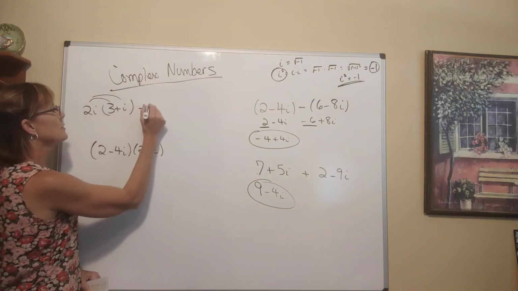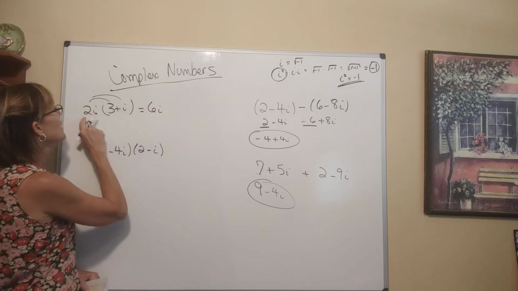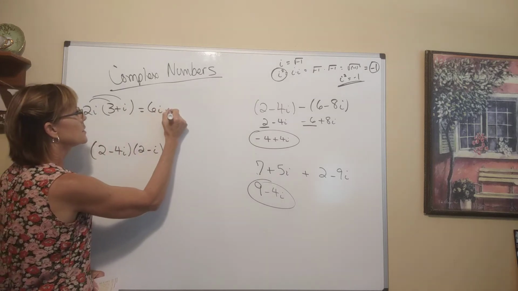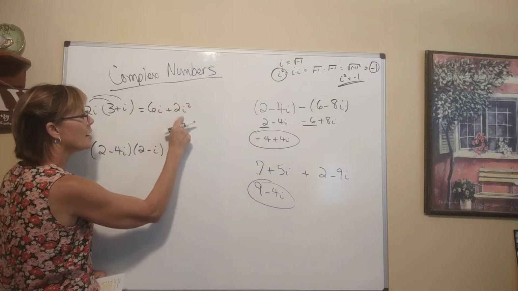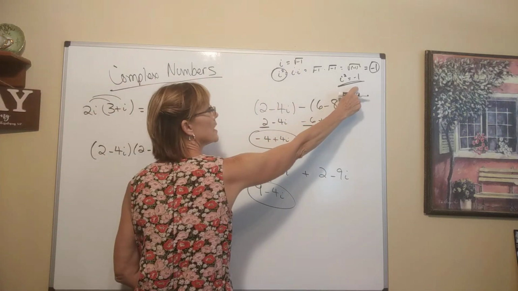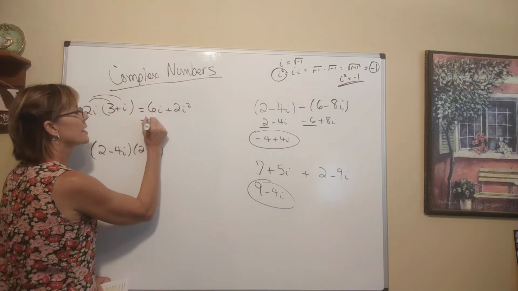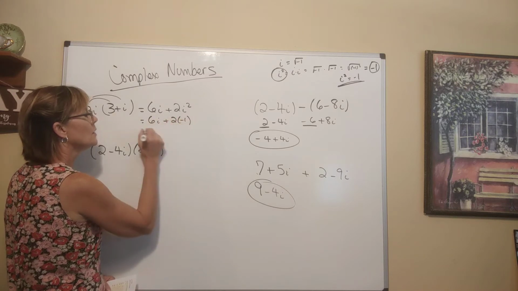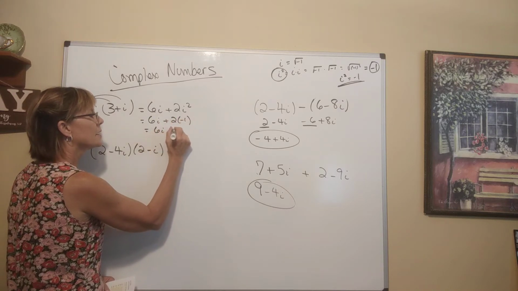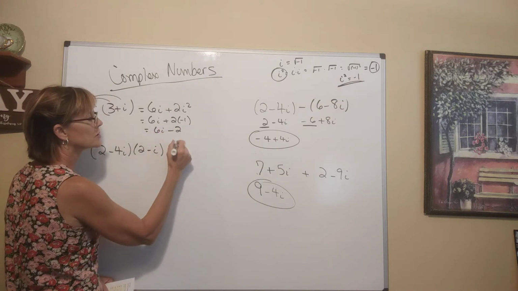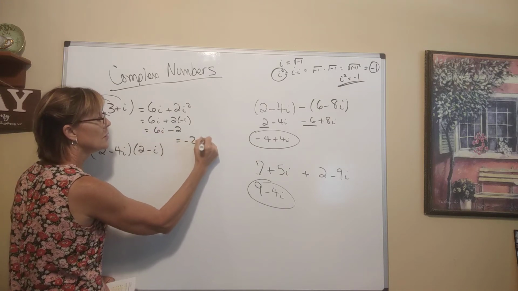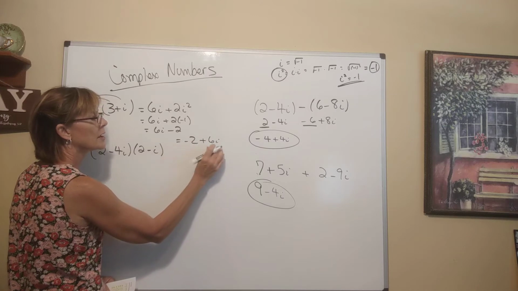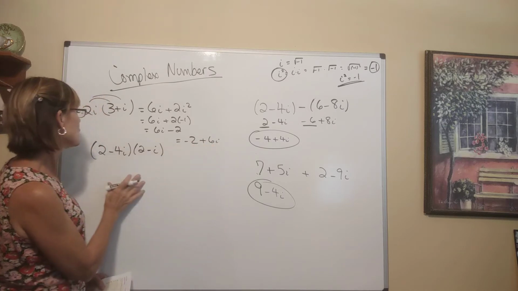So 3 times 2i is 6i. And 2i times i is plus 2i squared. However, i squared is really negative 1, and you never leave it sitting like that. So it's 6i plus 2 times a negative 1, which would be 6i minus 2. And if you want to rearrange the terms, you can call this negative 2 plus 6i, the real part and the imaginary part.